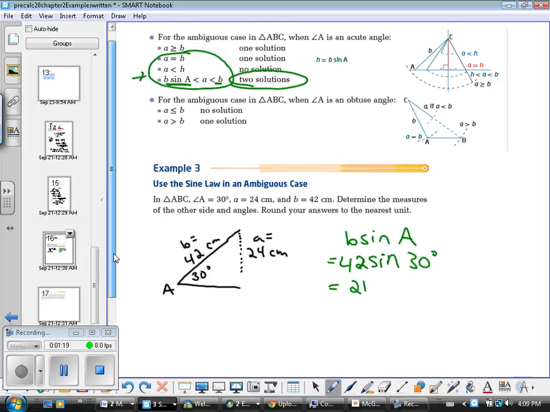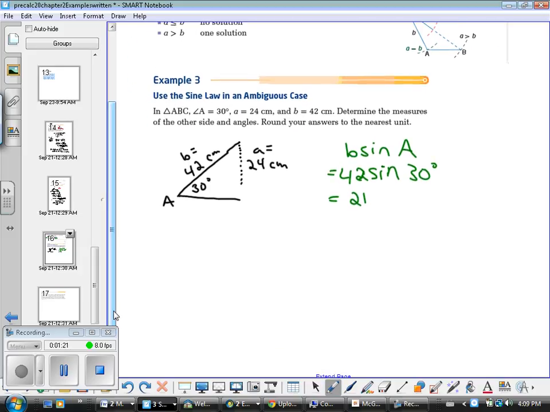And the best thing to do here, once you decide that there's two solutions, is just to draw the two triangles separately, and then just solve them separately. You know that that A can swing out this way, or it can come back.